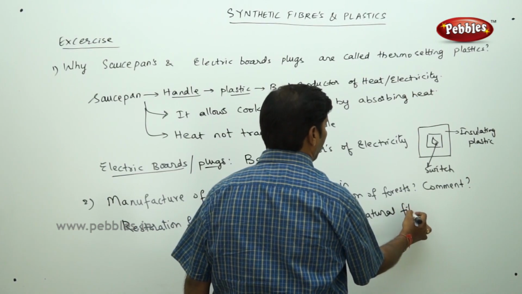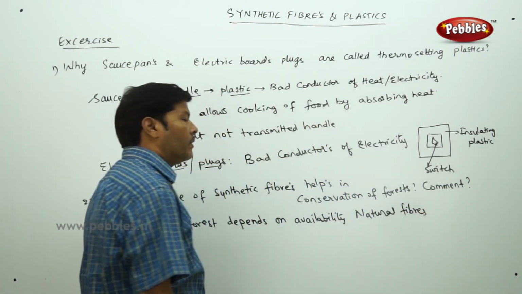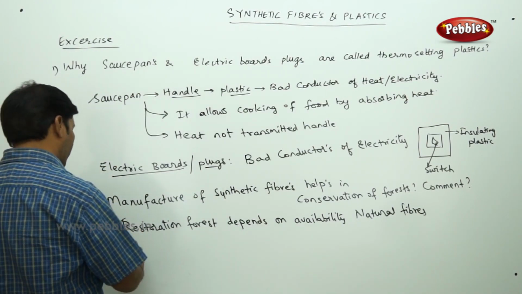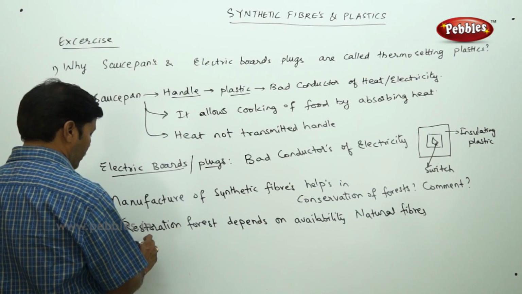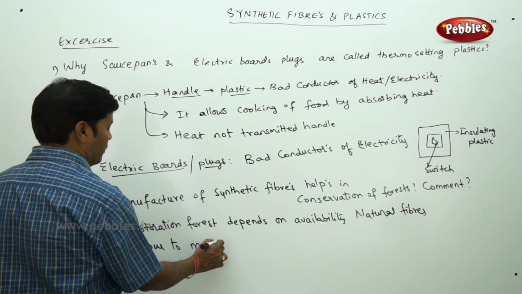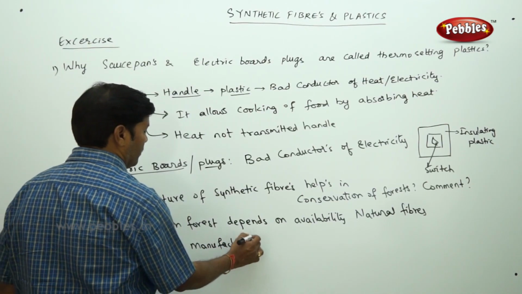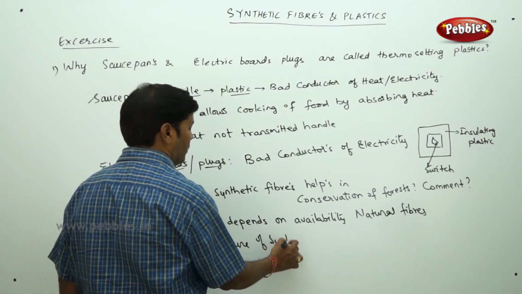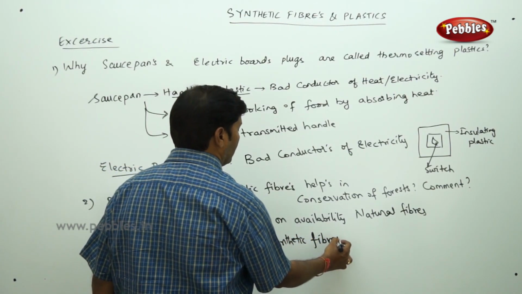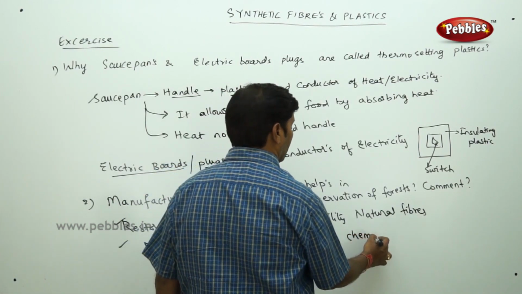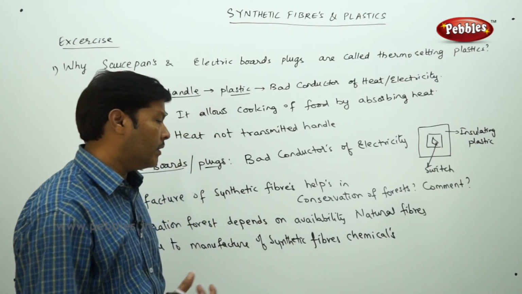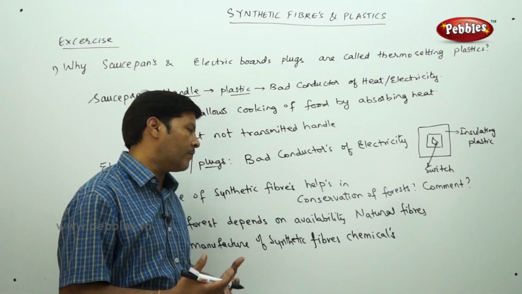From natural fibers we can prepare different kinds of polymer products, but due to the manufacture of synthetic fibers from chemicals, we can protect them, because by adding different chemicals we prepare synthetic fibers.